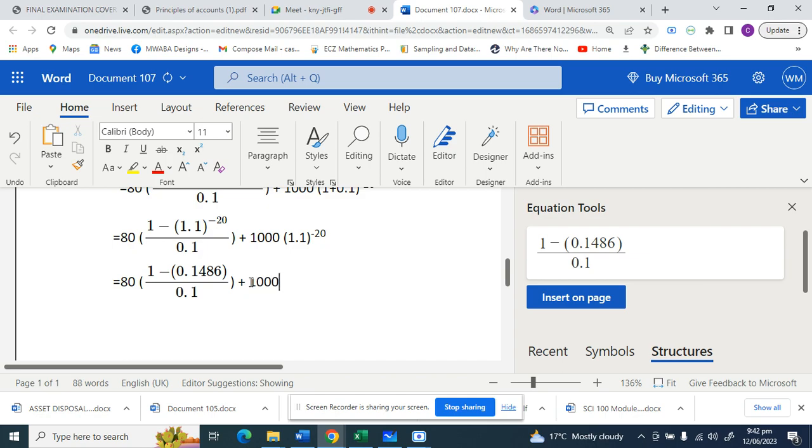Here is also going to be 1.1 to the power negative 20, 0.1486.